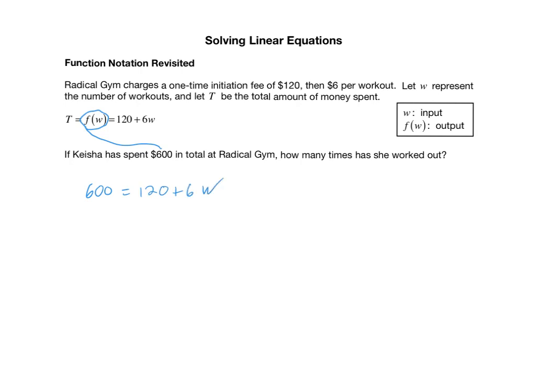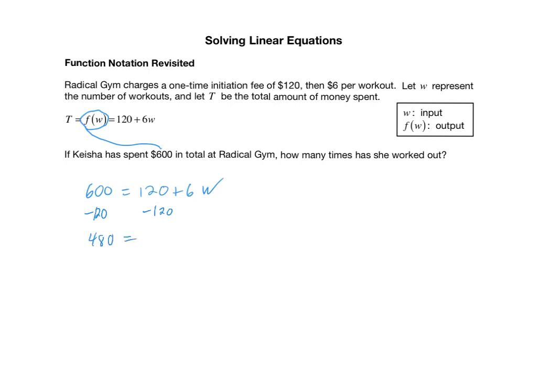This is what we started our linear equation solving screencast with, but we didn't actually solve this equation. Now we will, since we've discussed solving multi-step equations. So W is being multiplied by 6, and then you're adding 120 to it. So we need to undo the addition of 120 first by subtracting 120 from both sides. When you subtract 120 from 600, you've got 480.